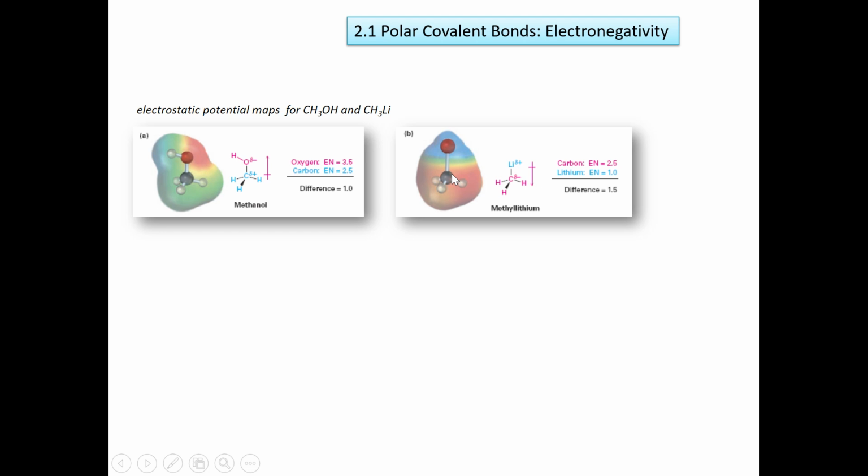That means that now the carbon will have a density of negative charge, while the lithium will have a density of positive charge. This time we will have the same line, the same dipole moment, but opposite, because remember, the dipole moment always starts from the density of positive charge and goes to the density of negative charge.